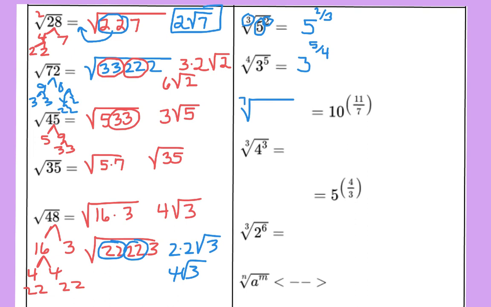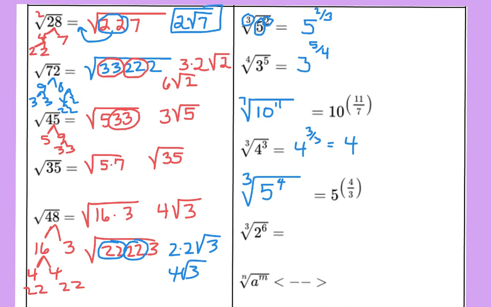That's the 7th root of 10 to the 11th power. 4th root of 3, 3rd root of 4 to the 3rd would be 4 to the 3 over 3, or just 4 to the 1st power. This would be index of 3, base of 5, exponent of 4. So no big deal here.